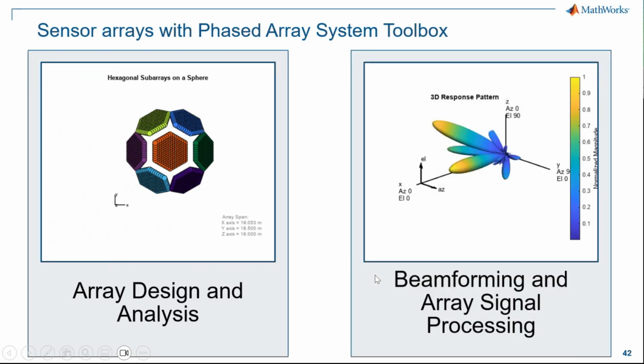But basically here, the first toolbox I'm going to talk about is called phased array toolbox. Phased array toolbox provides the ability to define different geometries in 2D, linear arrays, rectangular arrays, or in 3D, something a little more complex like this.